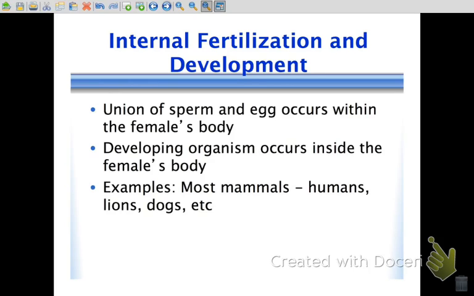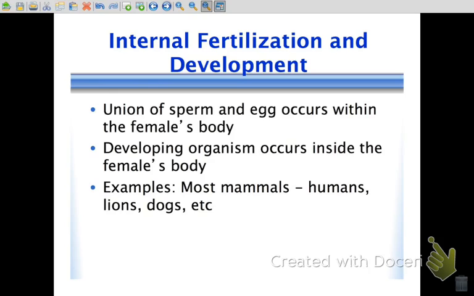One, it's an easy maze for the sperm. There's only two options: you go to the right fallopian tube or the left fallopian tube, and typically half go to each, and it's a direct target of the egg. And second advantage is that the mother is protecting the developing fetus. So there is protection for that developing organism.